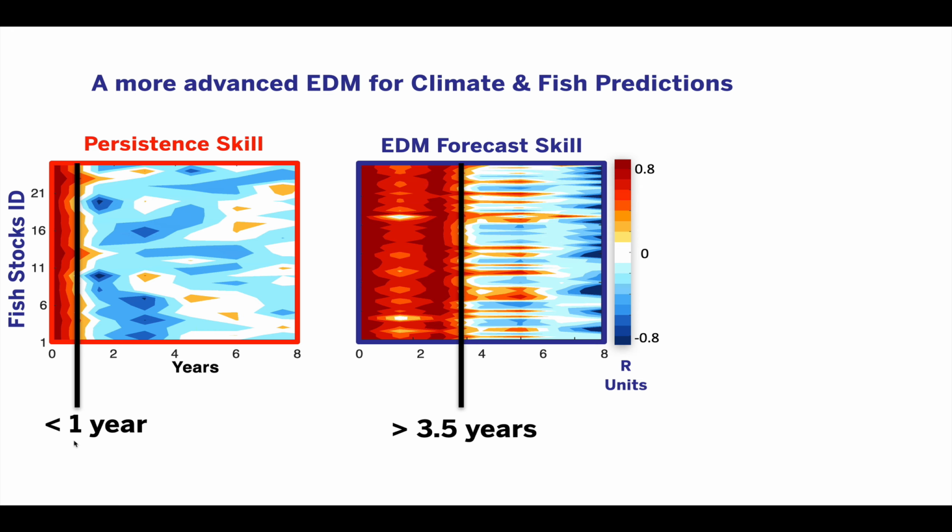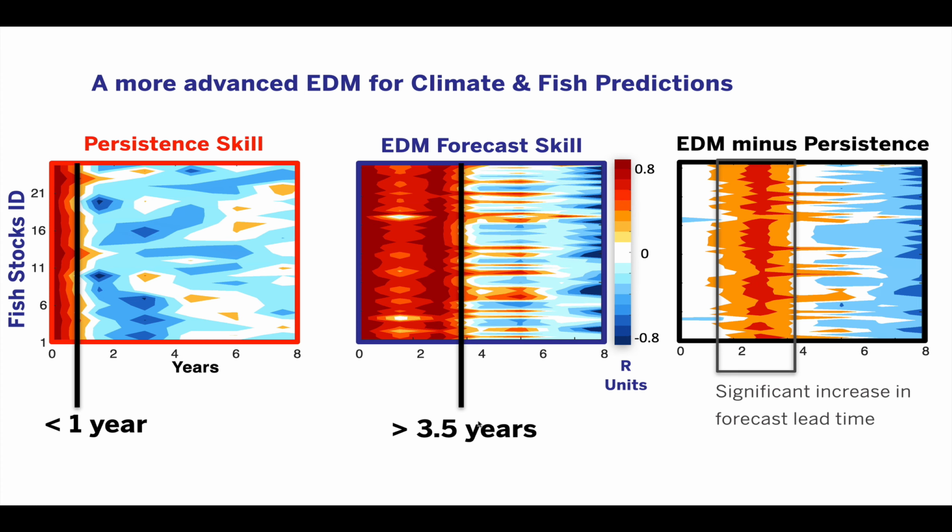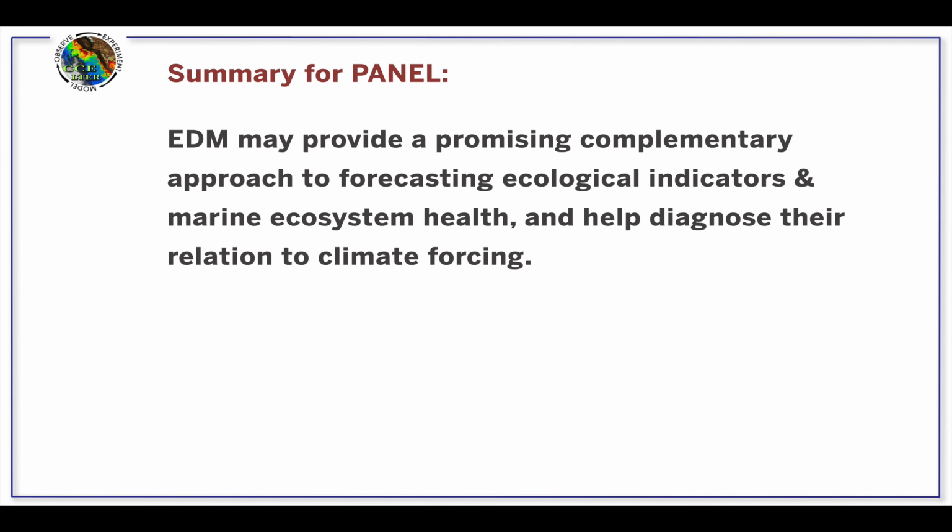If we take the difference between the EDM and persistence skill, we find that the EDM can extend the skill significantly for up to 2 years. Now, this result, of course, is just for the purpose of illustration, but it does suggest that EDM may provide a promising complementary approach to forecasting ecological indicators in marine ecosystem health, and perhaps also help diagnose the relationship to climate forcing.